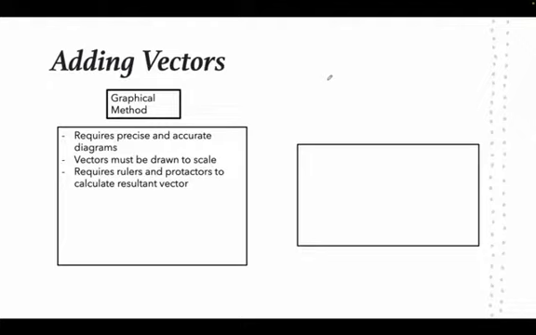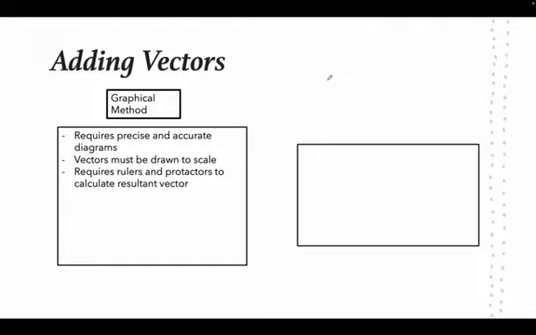The graphical method requires precise and accurate diagrams. Vectors must be drawn to scale. So in order to do this, we need rulers, scale paper, and protractors, so that we can draw very precise and accurate diagrams, because we won't be doing any mathematical operations; everything will be done graphically.